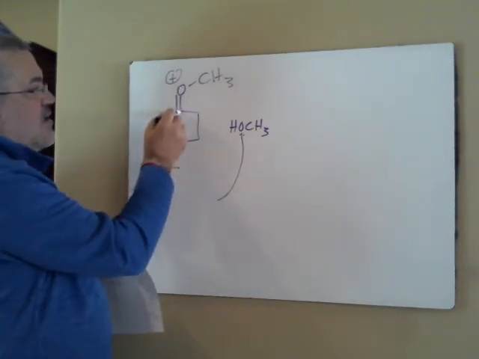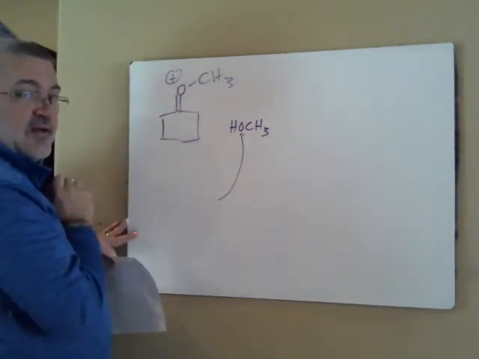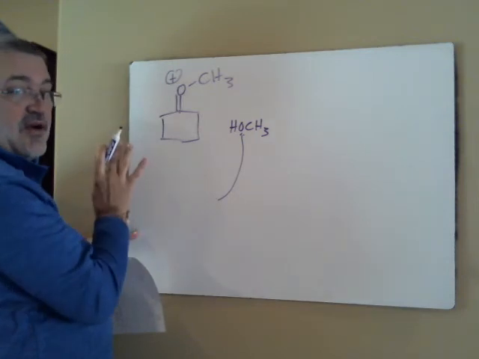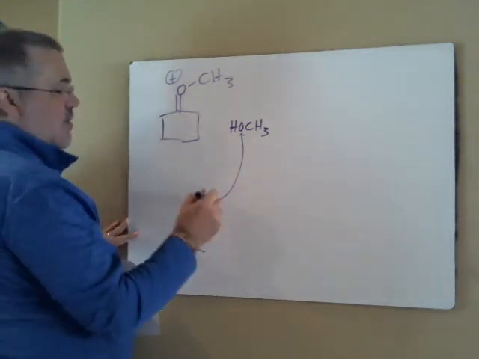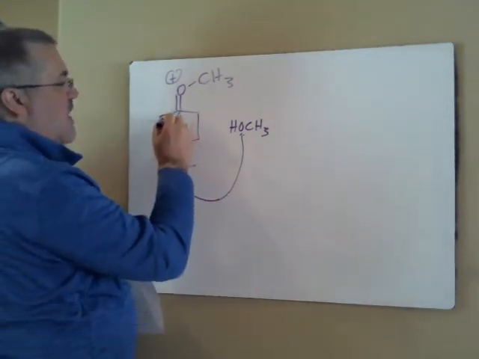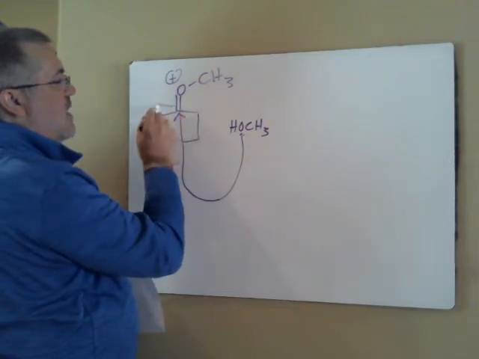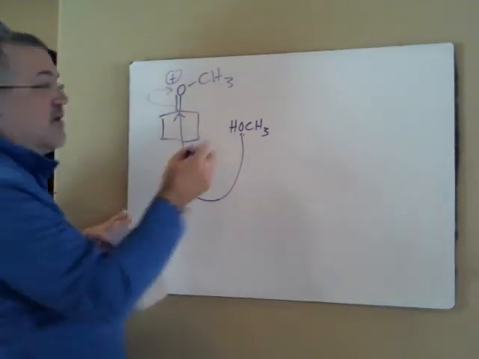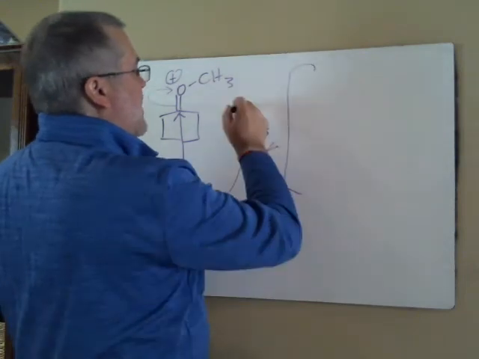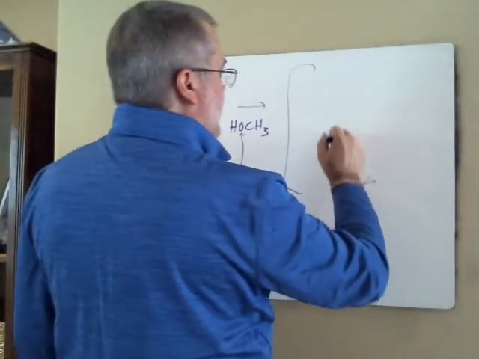This carbonyl carbon is now more electrophilic because this oxygen has a plus charge, and so it's more electronegative. So my nucleophile can react with the electrophilic carbon of the carbonyl, breaking the pi bond, moving the electrons up to the oxygen, forming the tetrahedral intermediate, which would look like this.